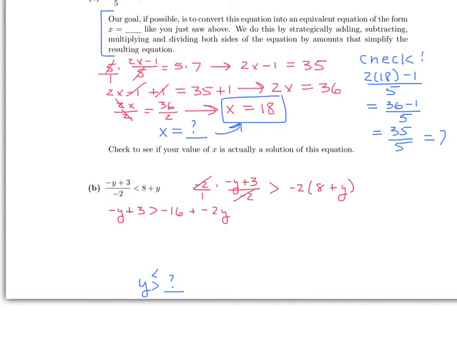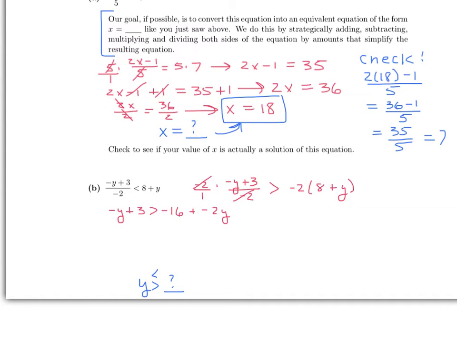Now our goal needs to be to get y by itself. So currently we've got y's on both sides of the inequality. In order to arrive at one factor of y on one side of the inequality, let's go ahead and add 2y to both sides.